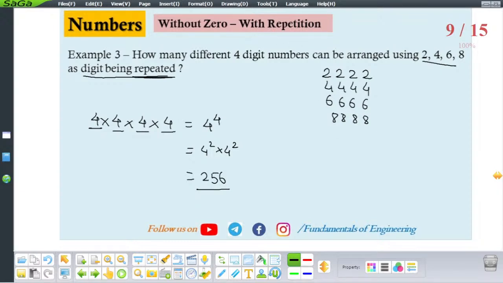Whatever the digits we are having, based on that we can use different formulas here. So we are having 4 digits, 4 into 4 into 4 into 4, 4^4 we are getting, and based on that we are getting the answer, that is 256.